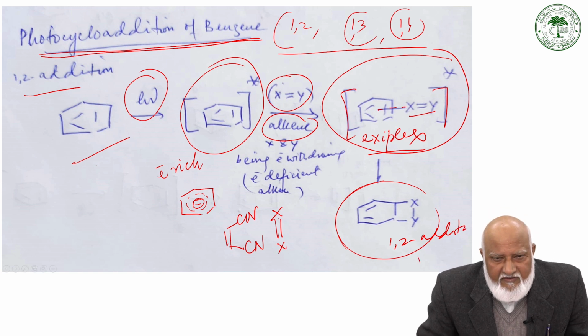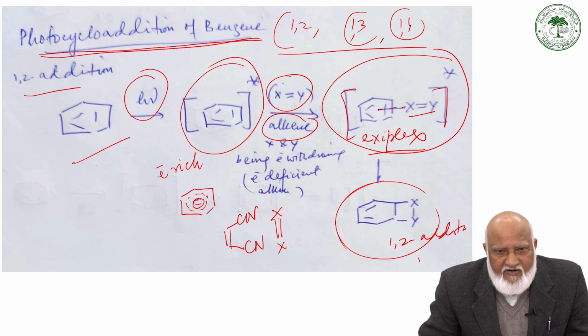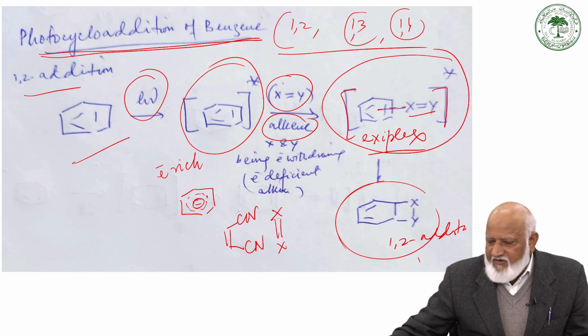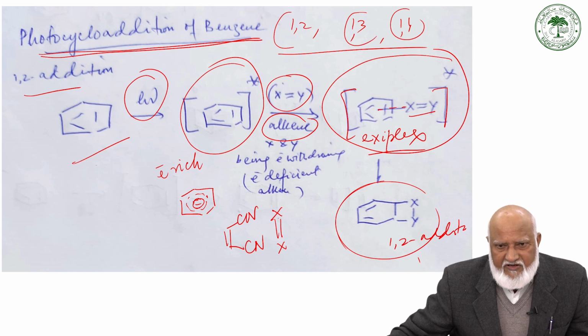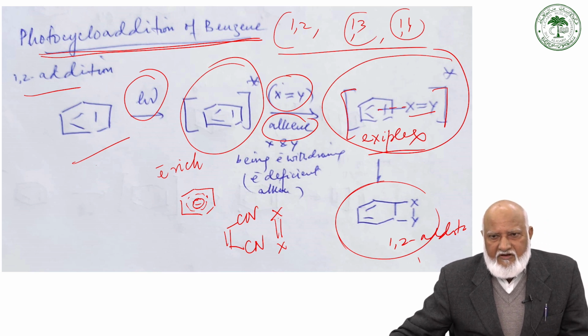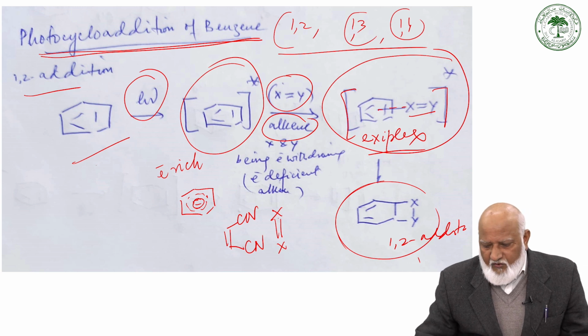So benzene undergoes 1,2 addition with an electron deficient alkene, because benzene, an electron rich species, can add to the alkene which has an electron withdrawing group, giving rise to a 4-membered ring.